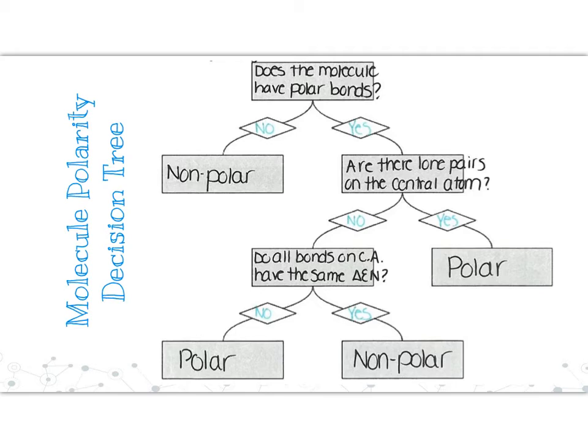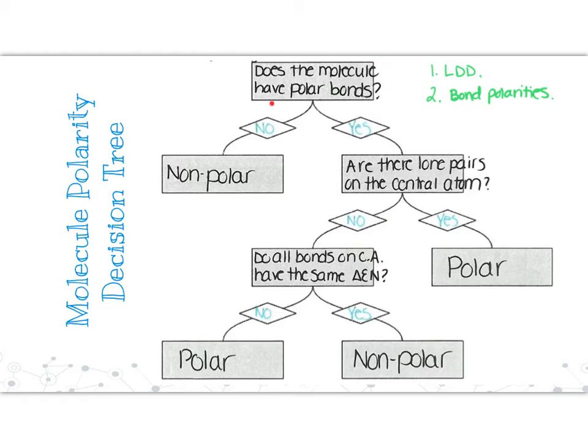It simplifies all of this, so we wouldn't have to do that entire process above. What we do need is a Lewis dot diagram, and from that Lewis dot diagram, we need to decide bond polarities. So we don't need VSEPR, and we don't even need to draw it in VSEPR. Then we're just going to go through this flowchart and ask ourselves these questions.